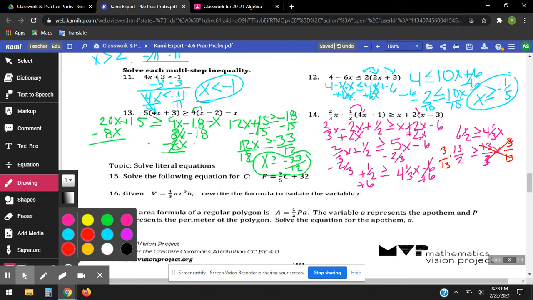So these will cancel, leaving my x. And I don't have any negatives in here, right? So I'm still doing okay with not needing to flip my sign. And if I go to this one, the 13s will cancel, leaving 3 over 2. So x is less than or equal to 3 halves. So that was a little bit of a messy one, but we got through it.